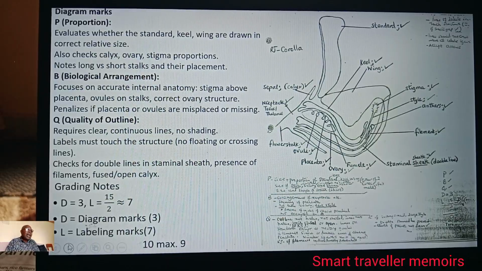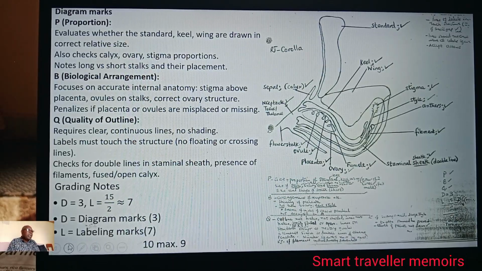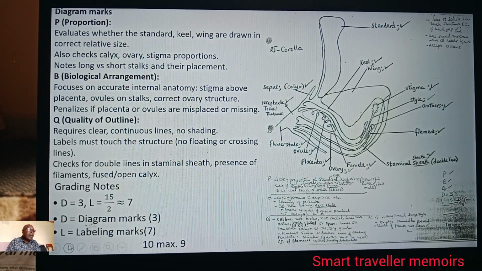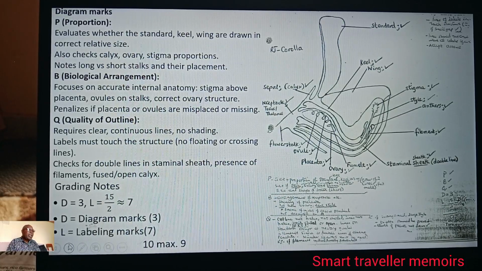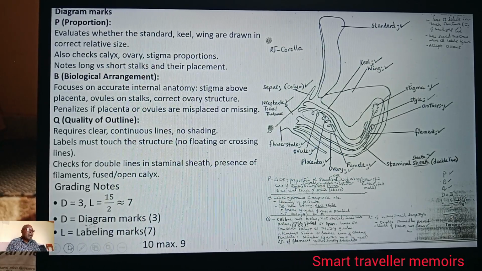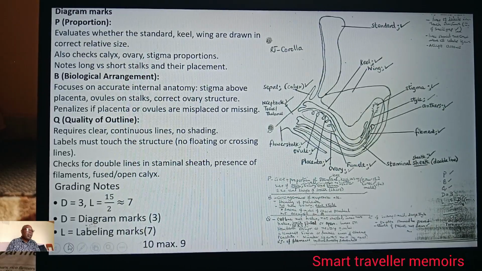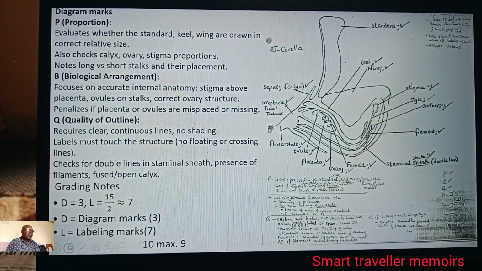The second drawing mark is the biological arrangement of the parts of the flower. Here you focus on accurate internal anatomy, that is stigma above placenta, ovules on stalks, correct ovary structure. Penalize if placenta or ovules are misplaced or missing.